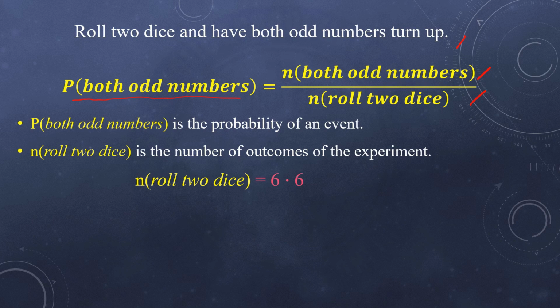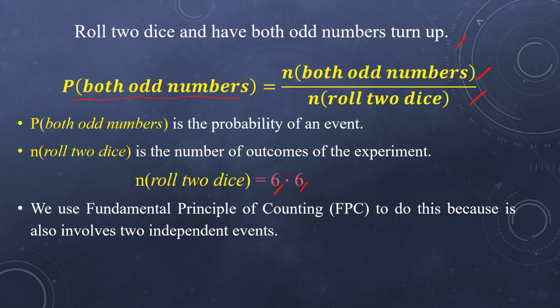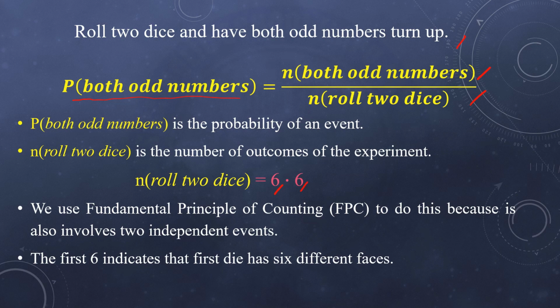N of roll 2 dice, or the number of possible outcomes when we roll 2 dice, is equal to 6 times 6. We use the fundamental principle of counting, or FPC, to do this because it involves 2 independent events. The first 6, which is this, indicates that the first die has 6 different faces.